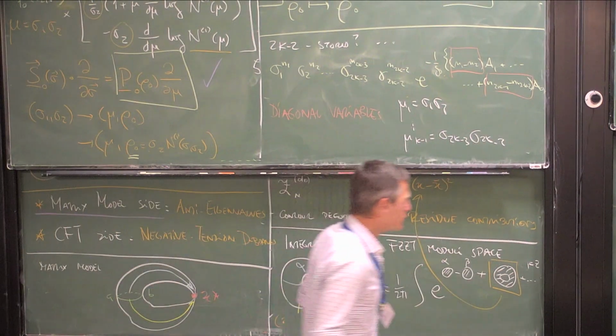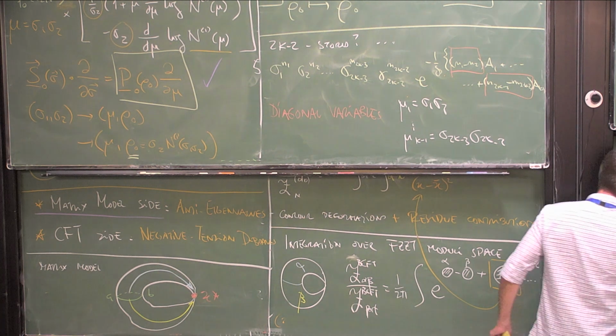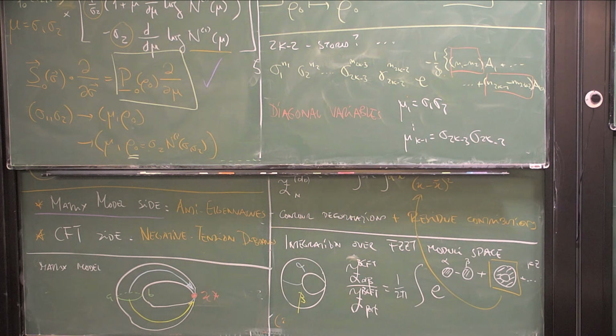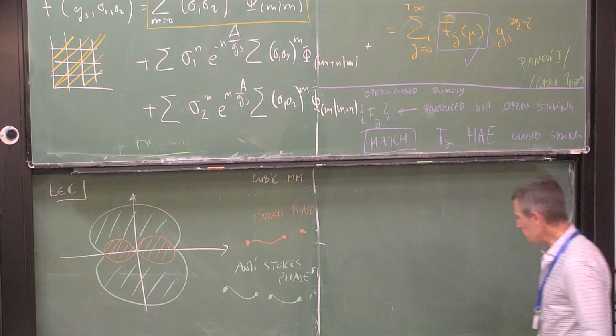But that's not the whole story. There's more stuff in this phase diagram. Then you have another region here, which we can call the anti-Stokes phase, where basically eigenvalues sit under two cuts.